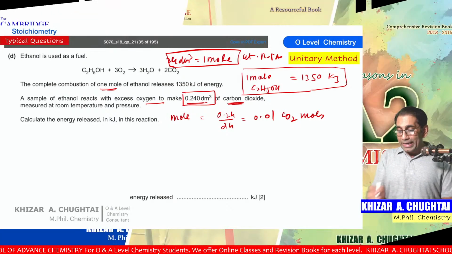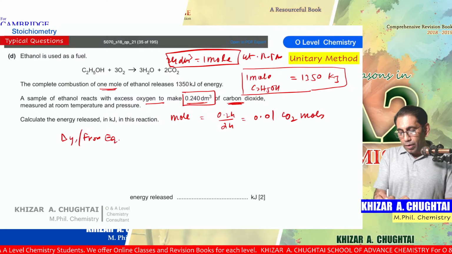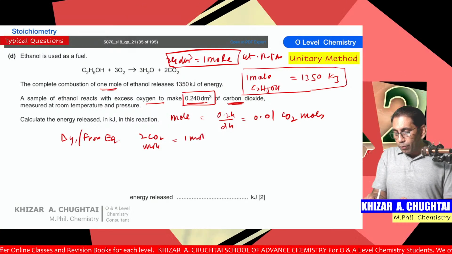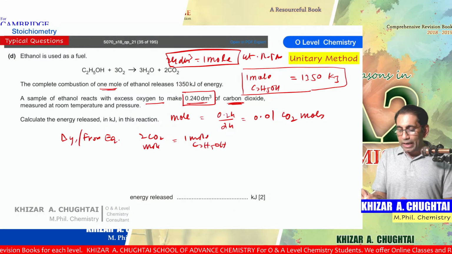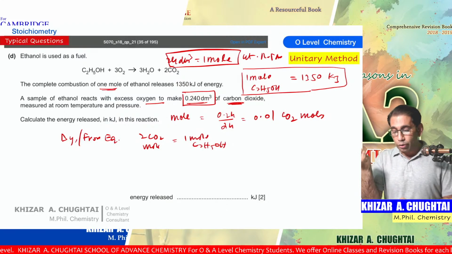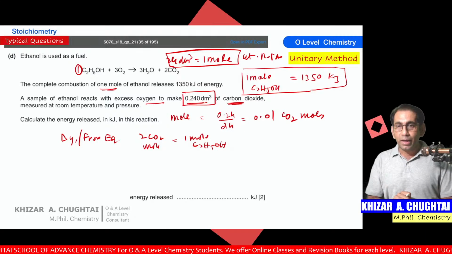So according to the balanced chemical equation, from the equation you can say that 2 mole of CO2 is equal to 1 mole of C2H5OH, I mean ethanol. When 2 mole of CO2 is going to be made, at that time 1 mole of ethanol is going to burn.